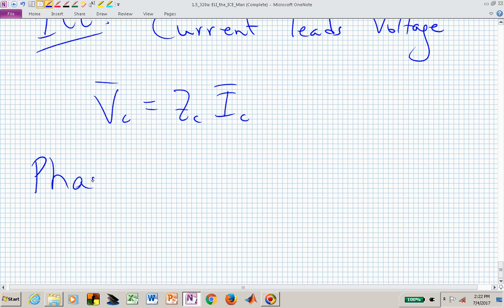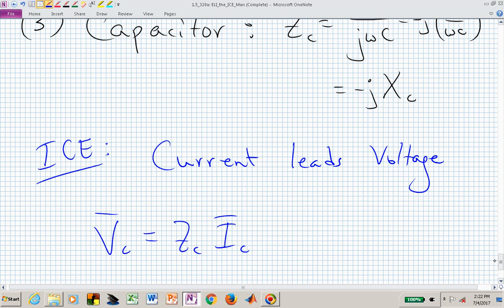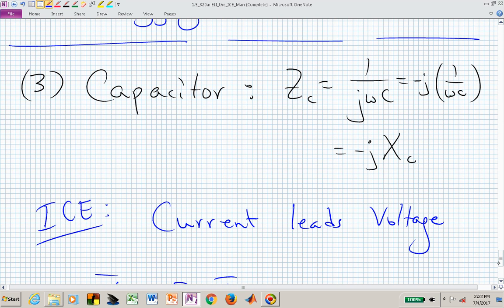We can look at the phase of the capacitor. We have theta sub V on the left, and the phase of this Z sub C, now we have a j, but we have a minus sign. So if we said j was 90 degrees, now we reverse that, or go 180 degrees from that because of the minus sign.